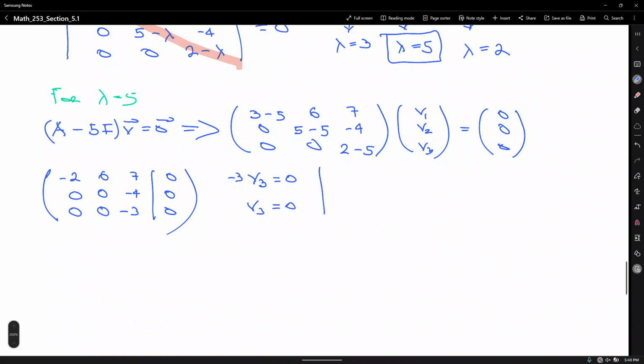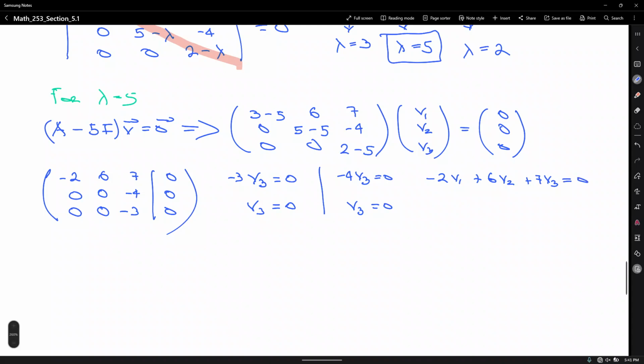Also, the second row tells us that negative 4 v3 equals 0, which is just another way to say v3 equals 0. This is the same statement, stated differently. So what about the first row? The first row tells us negative 2 v1 plus 6 v2 plus 7 v3 equals 0.